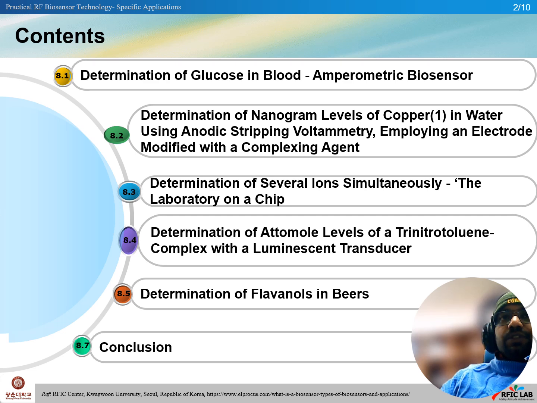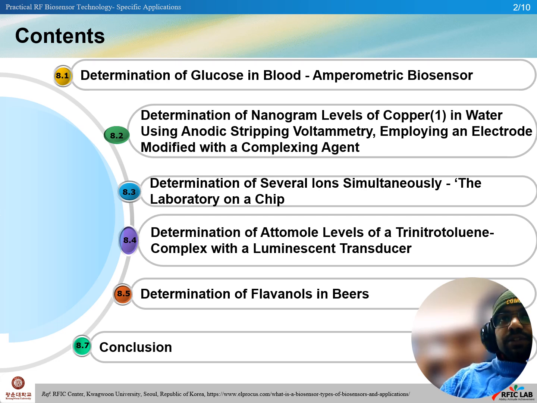Then we will discuss the determination of nanogram levels of copper in water using anodic stripping voltammetry employing an electrode modified with a complexing agent.